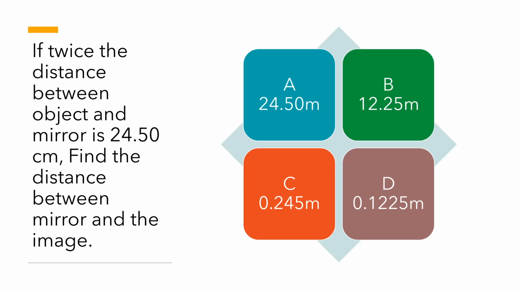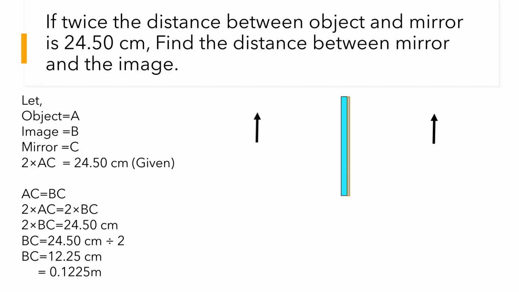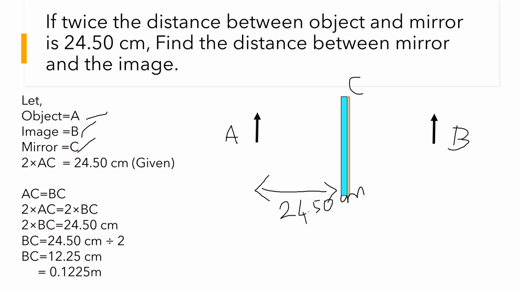Okay, we'll just do this diagrammatically. If twice the distance between object and mirror is 24.50, let the object be A, let the image be B, and the mirror be C. So AC, this distance, is equal to 24.50 centimeter, which is given.